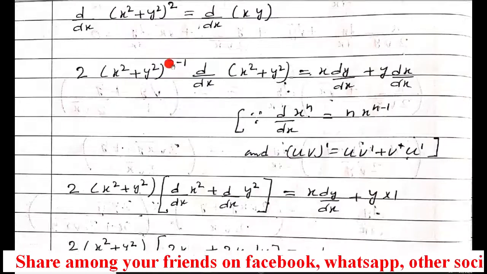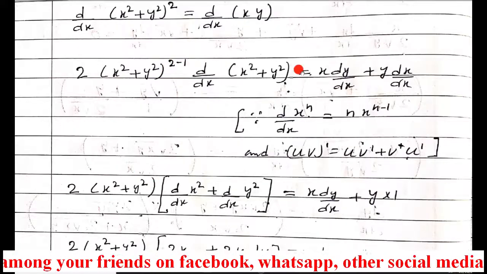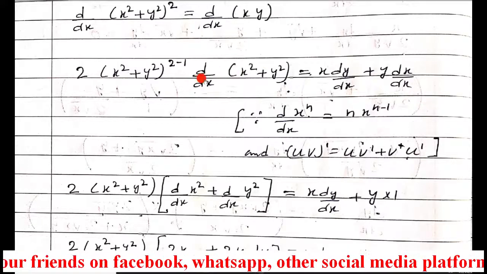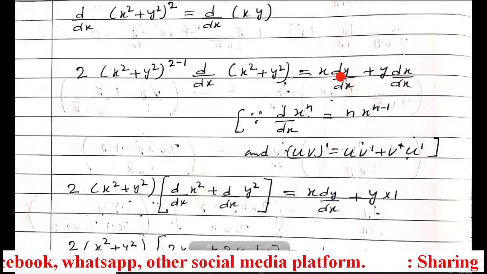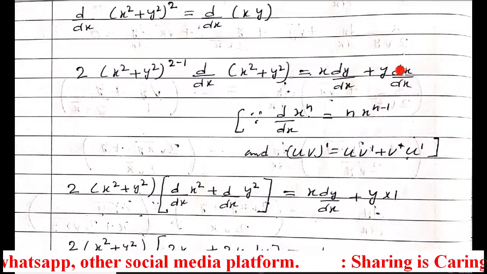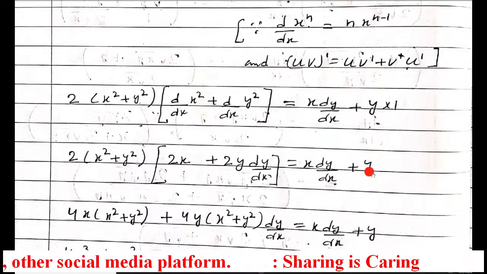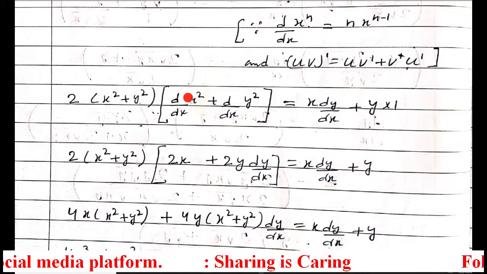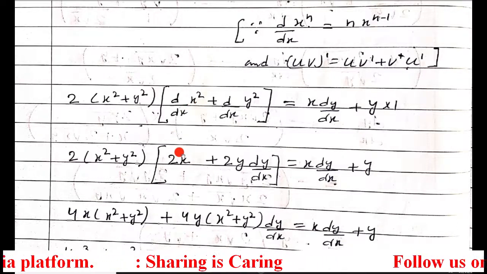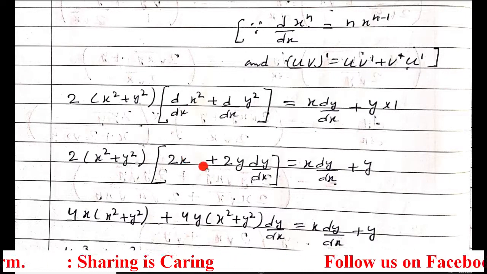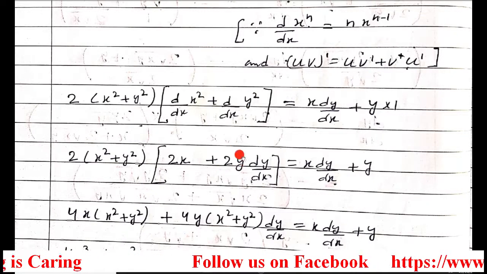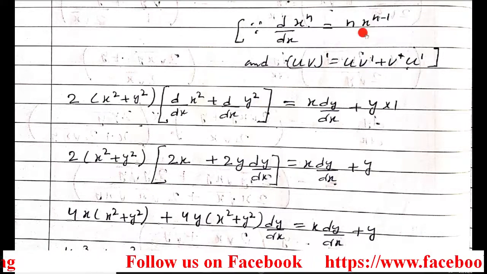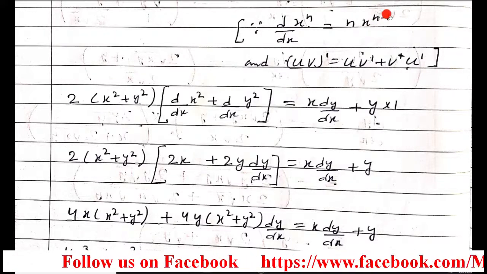Now here when you do 2 minus 1 you will get 1 only. So now this derivative symbol will distribute to both. That's why it came inside. Now here this term as it is, and dx over dx is 1. Now here again use the x to the power n formula, that is n x to the power n minus 1. Now dx over dx is 1, so I left it out here. Then y square differentiation is 2y, 2 minus 1, that is we had used the formula n x to the power n minus 1.